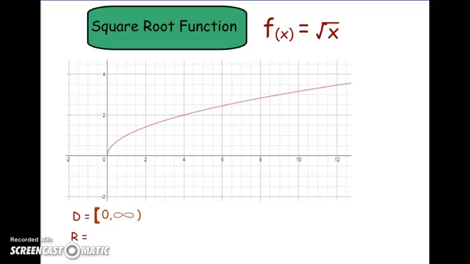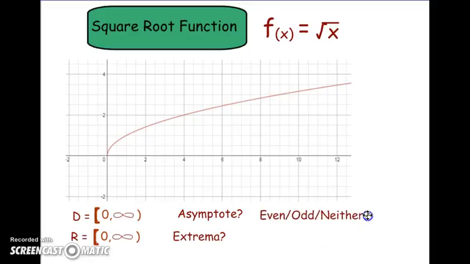And the result of taking the square root of positive numbers is also always positive. And the square root of 0 is 0. The square root function has no asymptote. It has no extrema. And as to even or odd, well, we can see from the graph it has no symmetry, so the function is neither even nor odd.